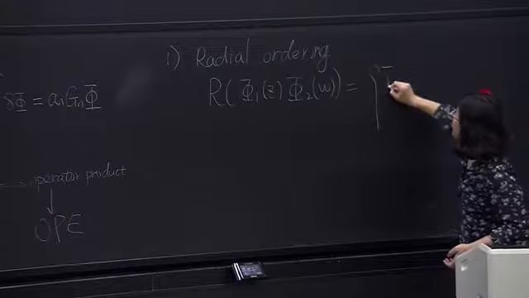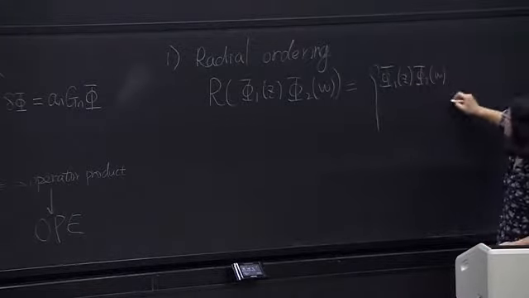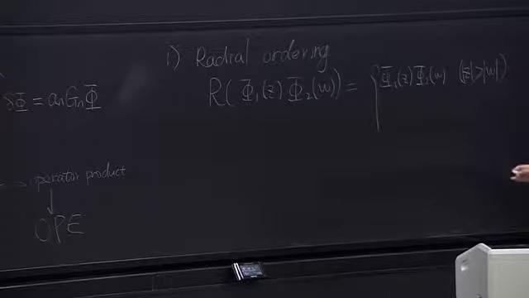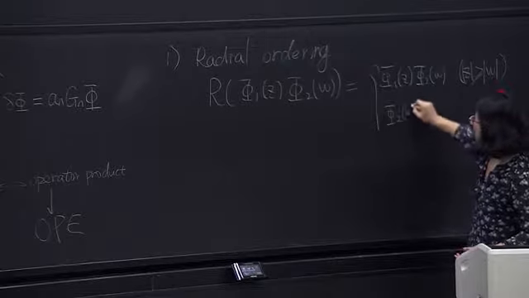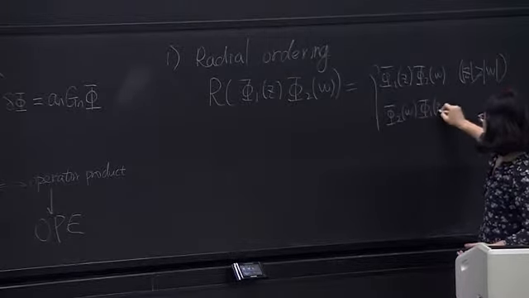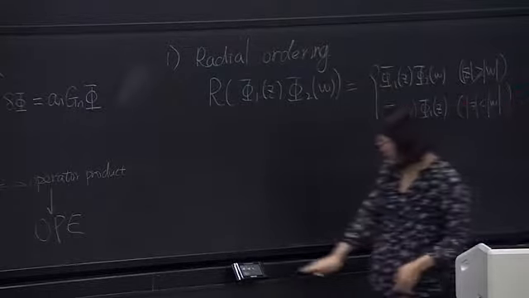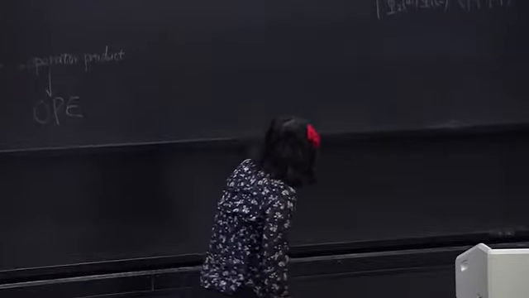Well, you say, I would love to put the guy that happened last first. So if z is in the outer circle, then w, then I put this guy in front, otherwise I switch. Nothing fancy. Okay, now, so that's just a radial ordering.